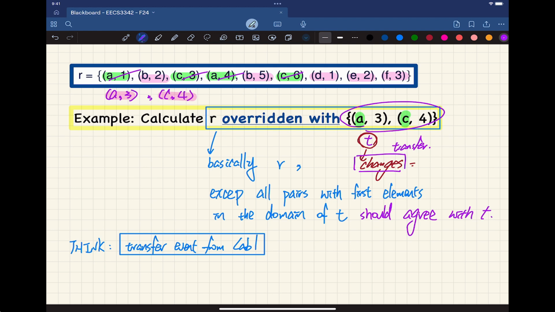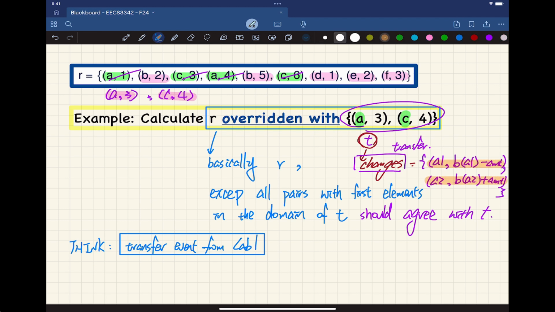So the changes would be something like, now A1 should map to their balance minus a certain amount. And A2 should be mapped to their old balance plus the amount. That should seem familiar to you, right? Those are the two pairs we want to use to do the transfer.